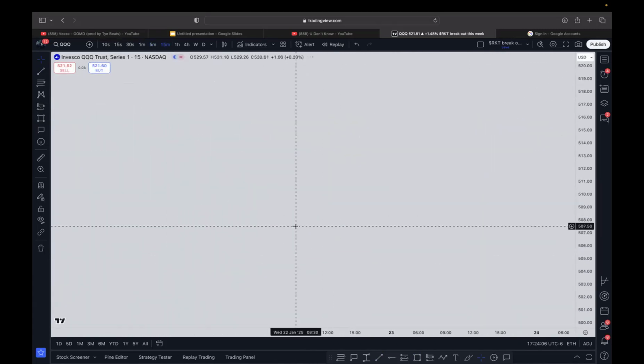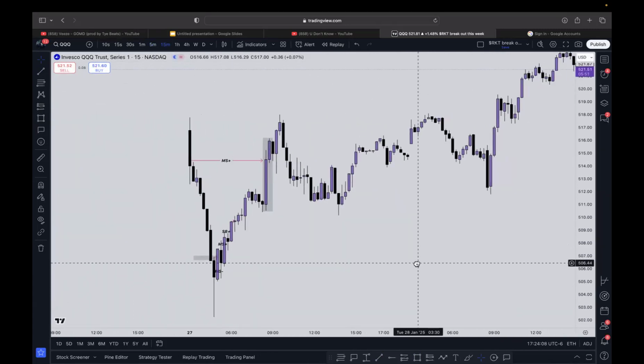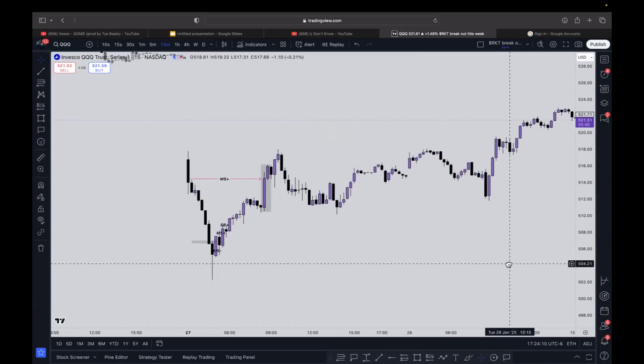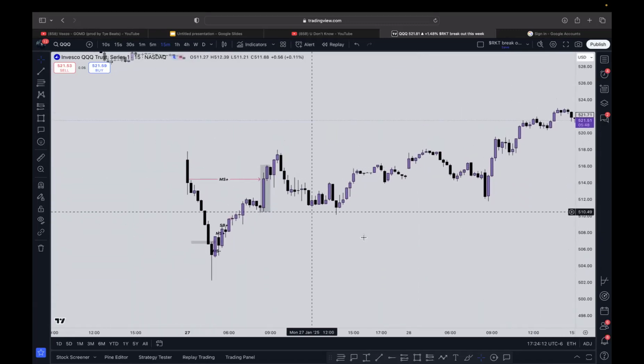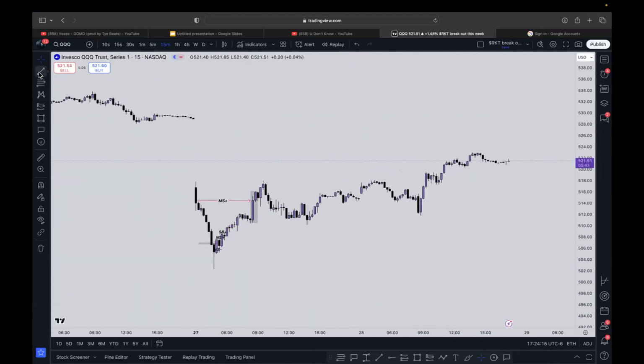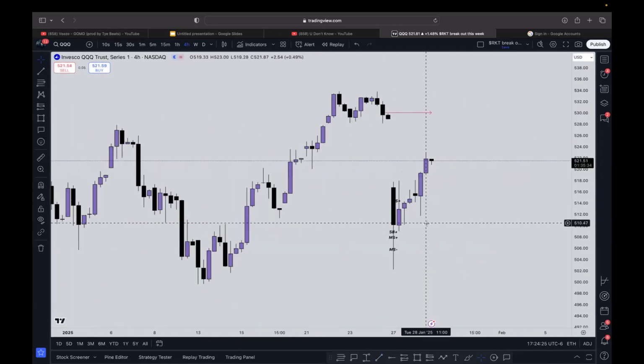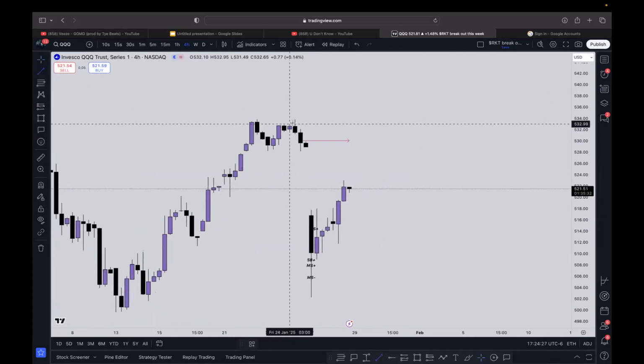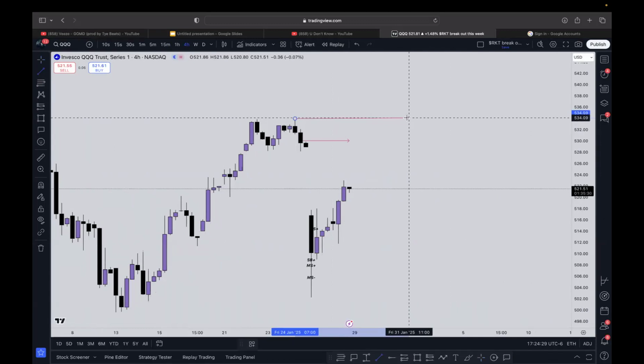If we go to a 15 minute, we didn't necessarily become bullish yet until we break here. If we go to a 4-hour time frame, we don't become bullish on a 4-hour until we break here.